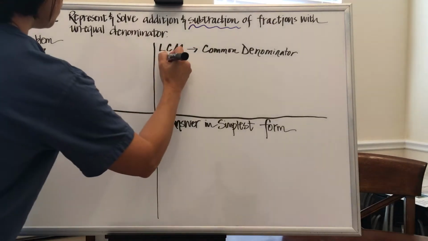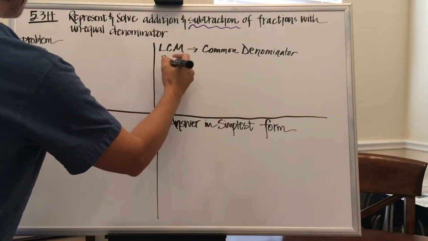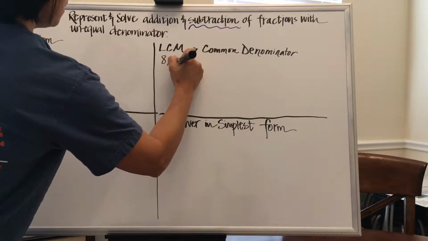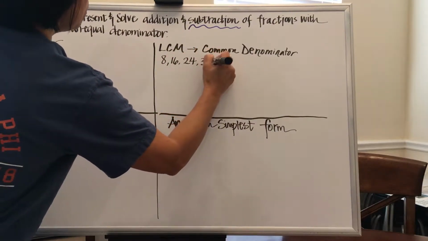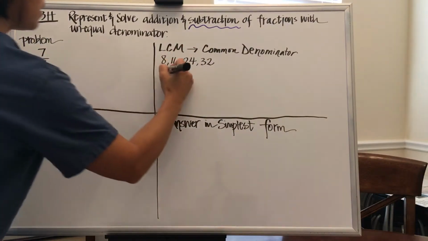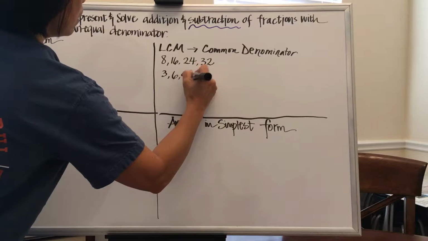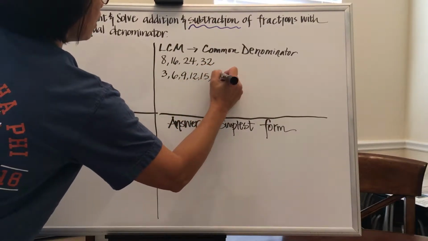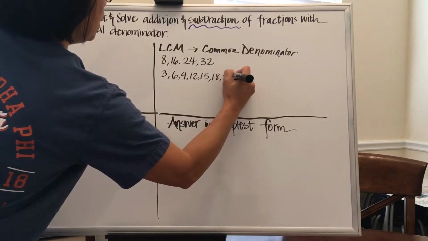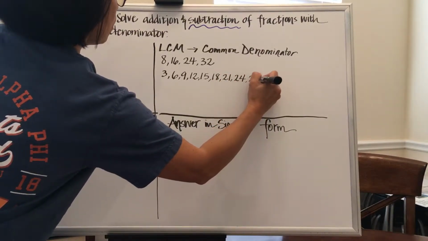So earlier we were listing multiples of the denominator, which is 8: 8, 16, 24, 32. I'm going to stop there and start listing 3, 6, 9, 12, 15, 18, 21, 24, 27, and 30.